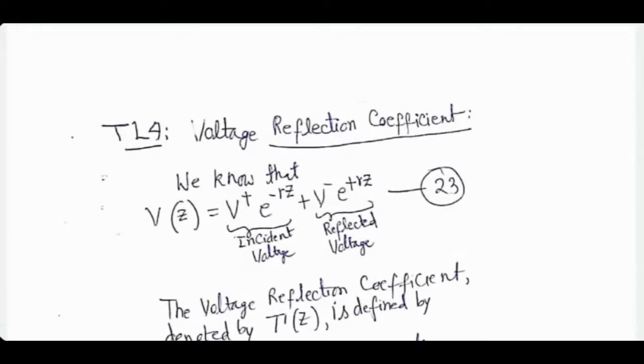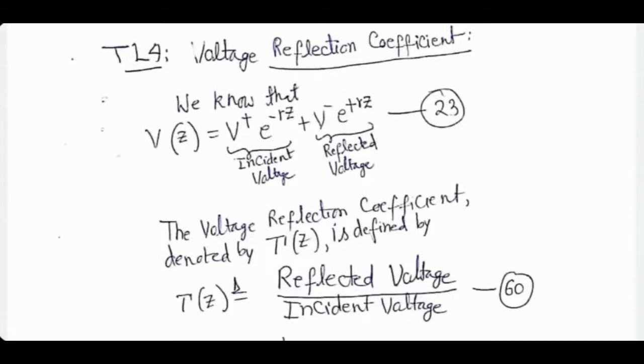Ideally, you don't want any reflection, but in practice, it is there most of the time. So to know how bad or how good the situation is, we define the ratio of reflected voltage and incident voltage as the voltage reflection coefficient. It is denoted by tau, and obviously it is a function of the location along the length of the line.